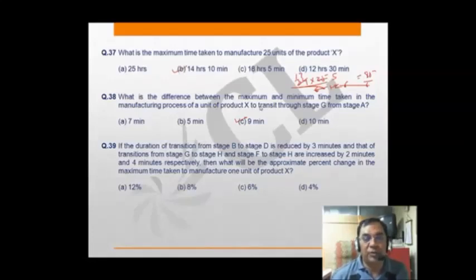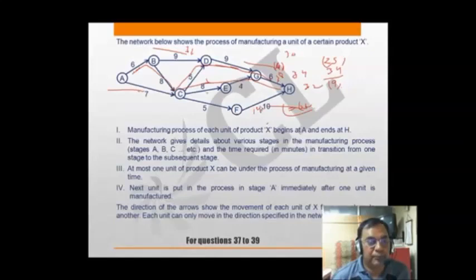Then what is the approximate maximum time taken to manufacture 1 unit of product X? Okay, now let's check it out. Maximum time is 14. So if I do 6 5 6 8 14 5 19, 19 14 33, still you don't get it.